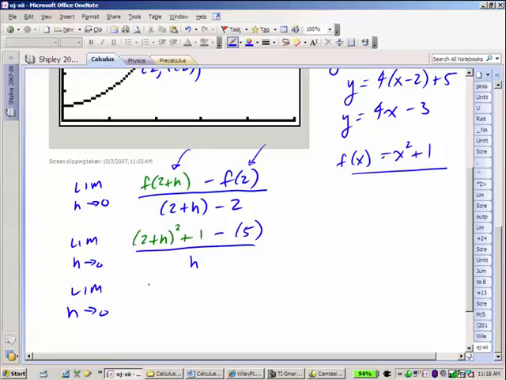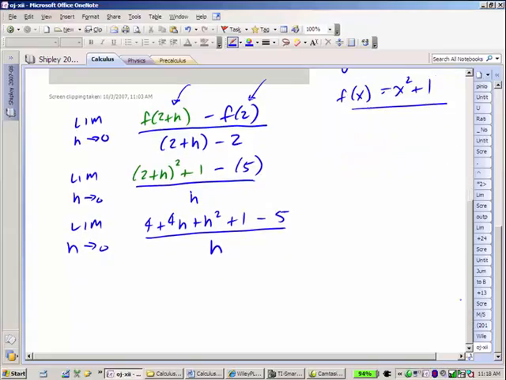It's amazing. 4 plus 4h plus h squared, plus 1 minus 5, all over h. You ready for part 1 of the beauty to unfold? 4 plus 1 minus 5, they go. Okay? And I'm going to factor out an h, and I'm going to be left with 4 plus h over h.